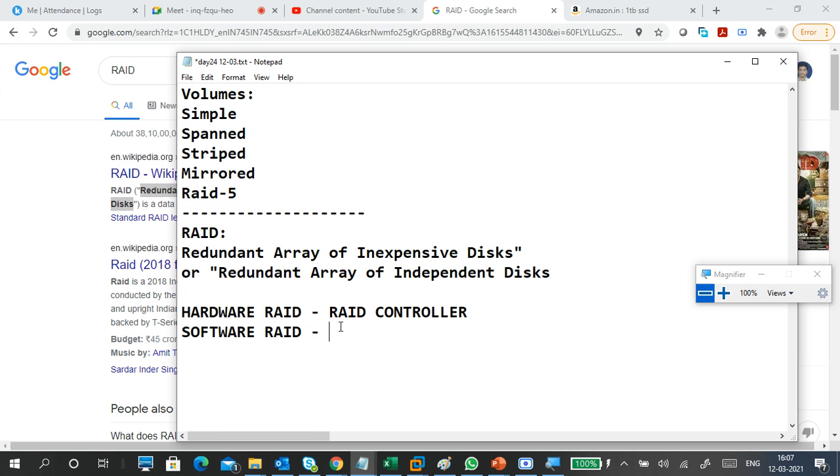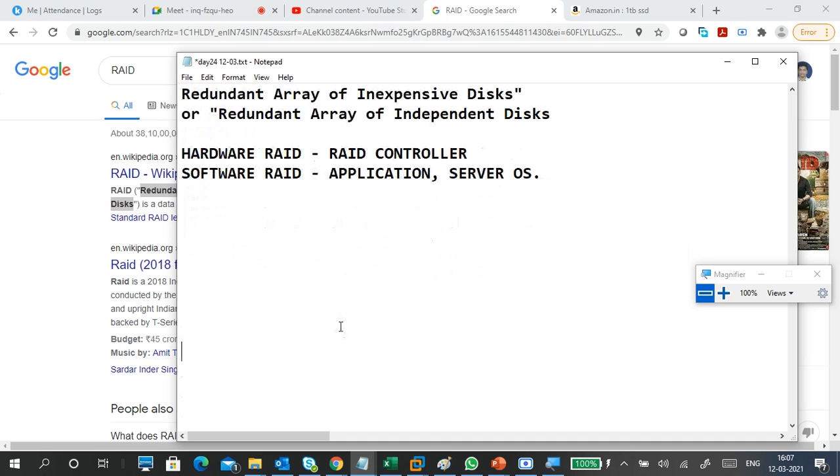So what we need is an application. Either you have a RAID application to perform the RAID kind of stuff, or you need a server operating system. Using a server operating system also you can create RAID, and the levels are there.